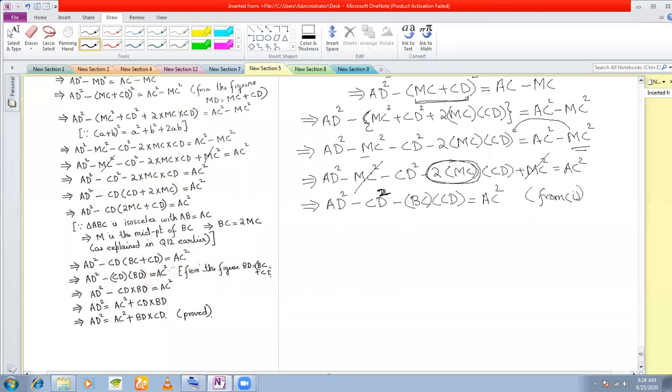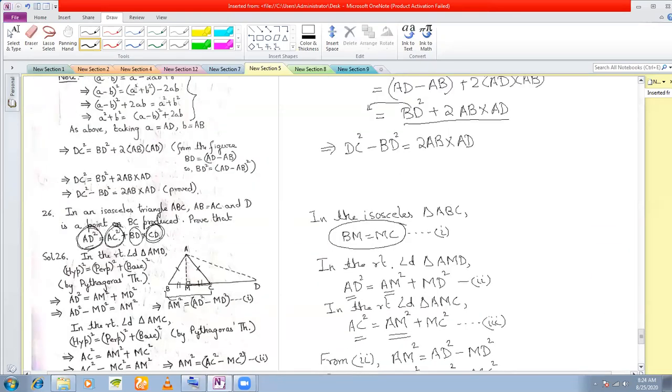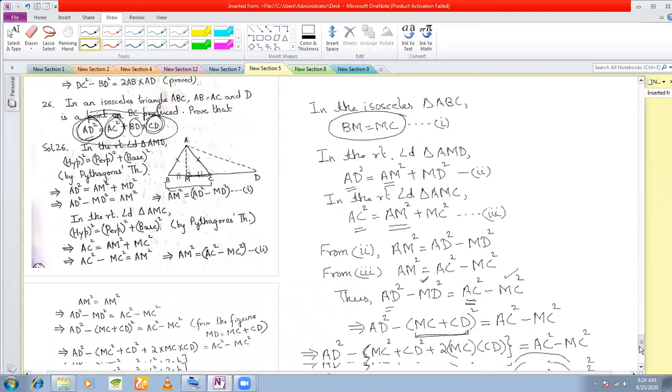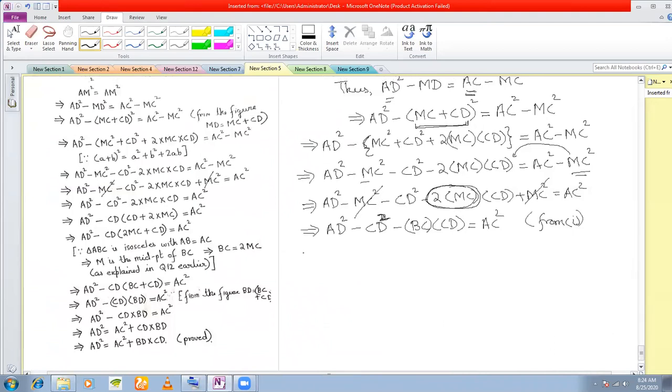Do we have CD square in the expression in this proof? We don't have. Therefore, I'll try to remove this CD square. What I can do here from these two is I can take CD common. So AD square minus, if I take CD common, I'll be left with CD plus BC is equal to AC square.